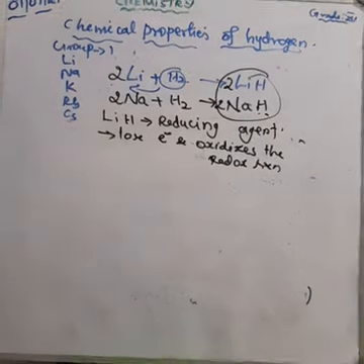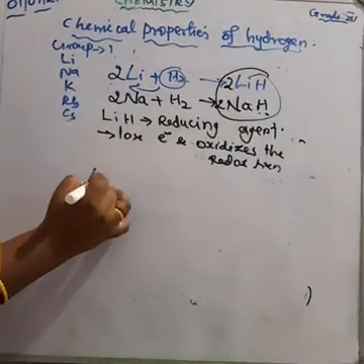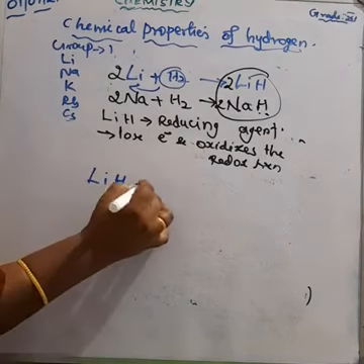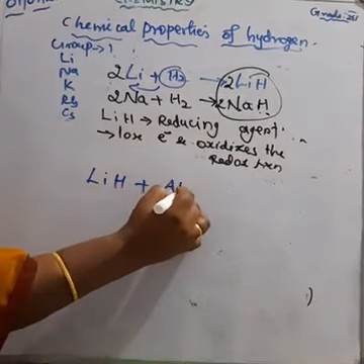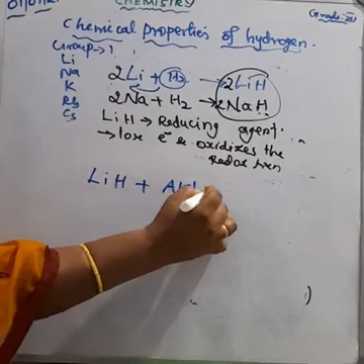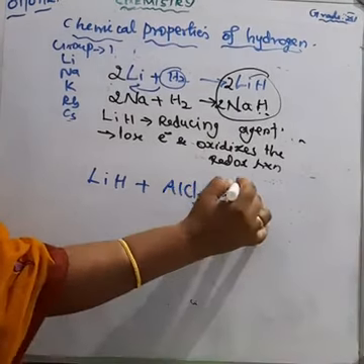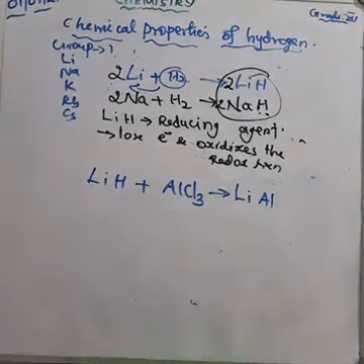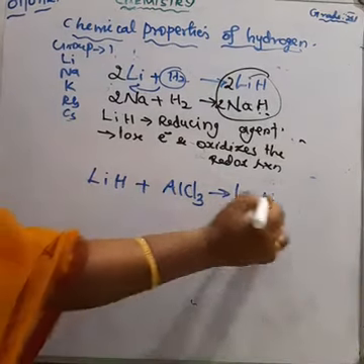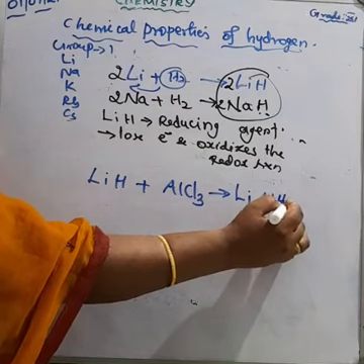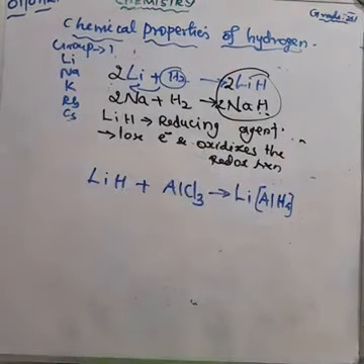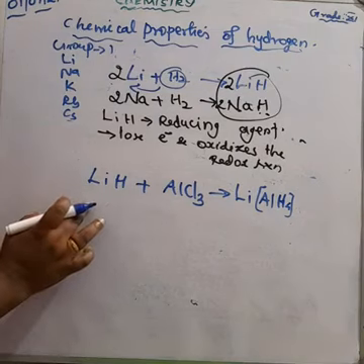So here, lithium hydride LiH, when it combines with aluminium chloride, aluminium trichloride, forms lithium aluminium hydride, LiAlH4. And what is the byproduct here?